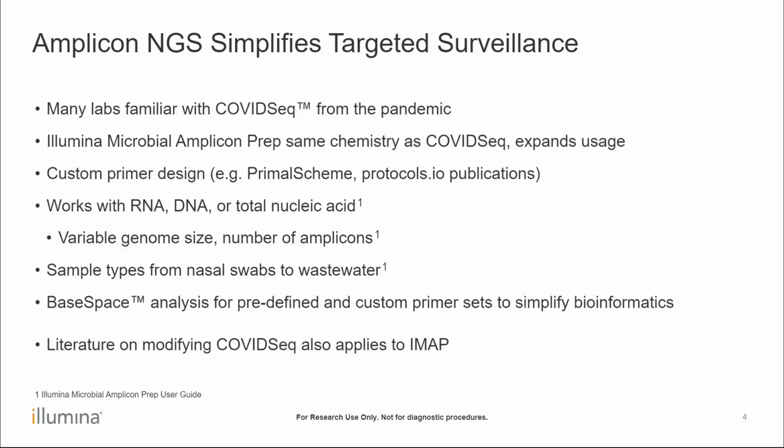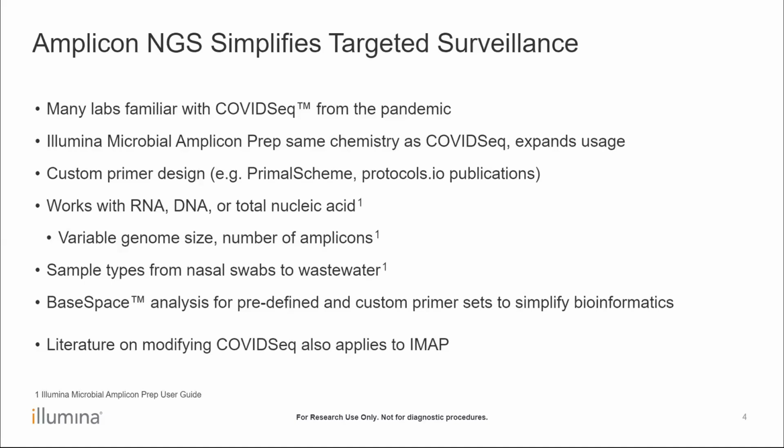The IMAP kit works with DNA, RNA, or total nucleic acid. It's really variable for genome sizes or the number of amplicons you're using, and very flexible for sample types. We've seen everything from nasal swabs to wastewater perform very well. It also has very simple bioinformatics. You don't have to be an expert to use these products.